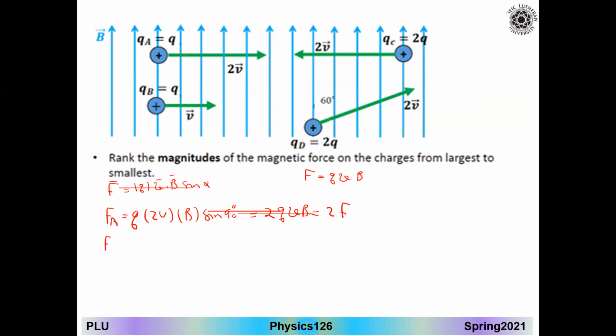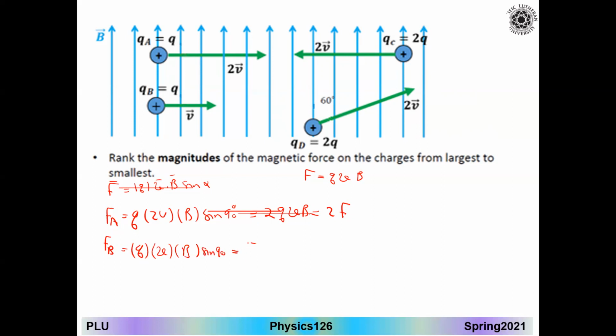Let's go for the second, B. In that case, I have Q times V times B, and sine 90.